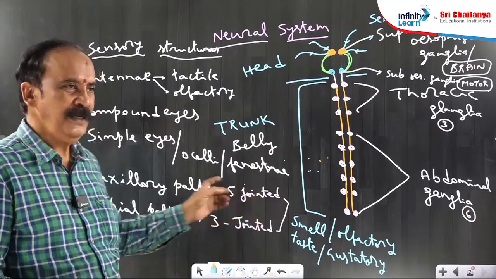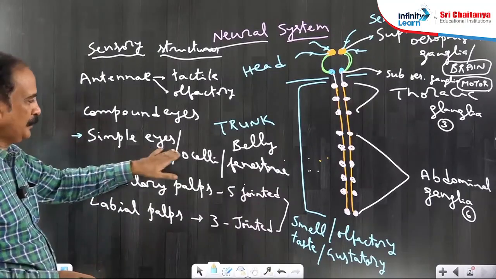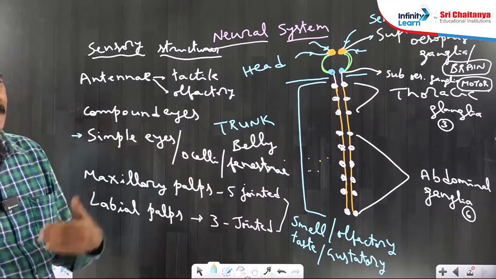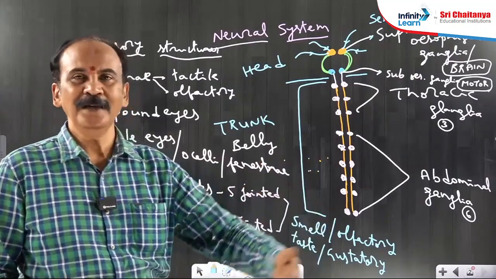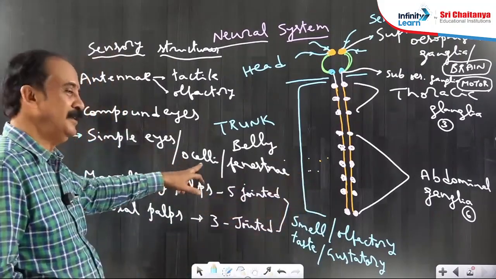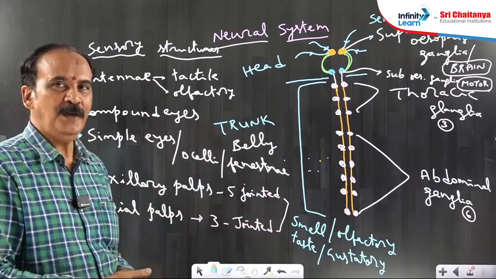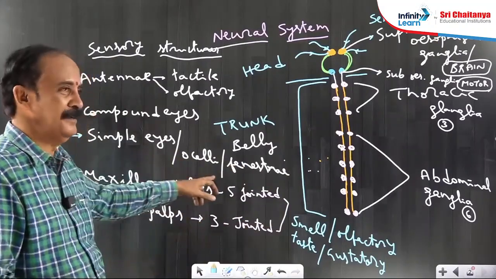It is active during night time, isn't it? So cockroach is nocturnal, where it is able to detect the light intensity, right? Intensity of light is detected based on the sensory structures present in simple eyes or ocelli. It can make out whether it is day or night based on light intensity.